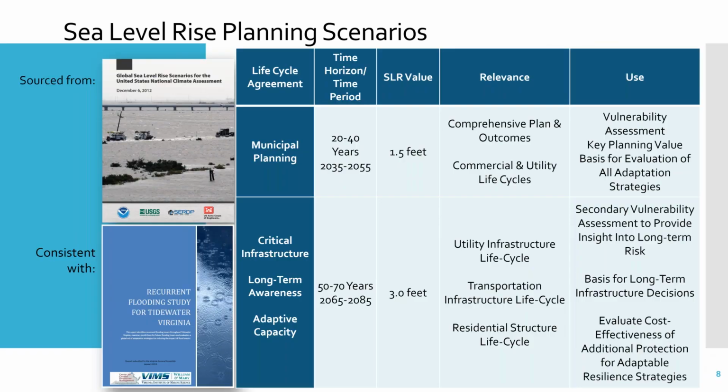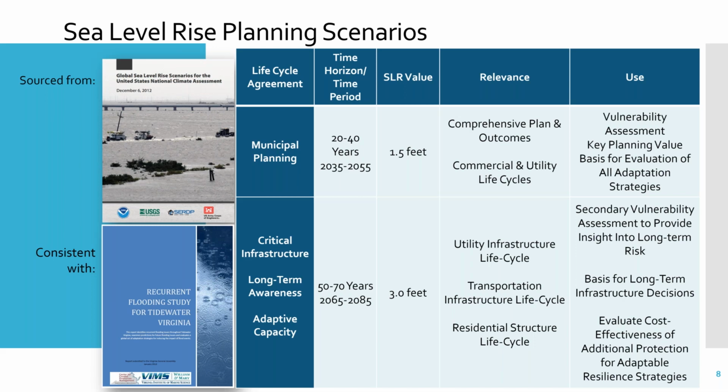From a sea level rise planning scenarios standpoint, the state of Virginia General Assembly asked the Virginia Institute of Marine Science, VIMS, to analyze what sea level rise is occurring and what level the Commonwealth should start looking at. Before VIMS actually published their report, we came up with 1.5 foot for municipal planning in a 20 to 40 year time frame.